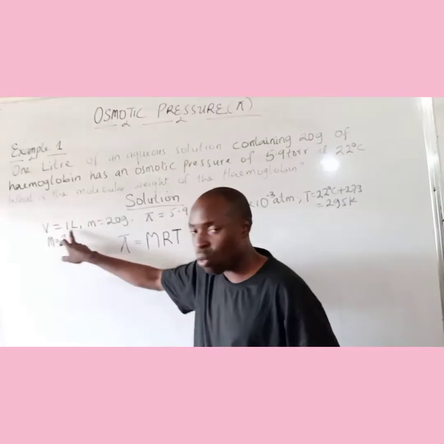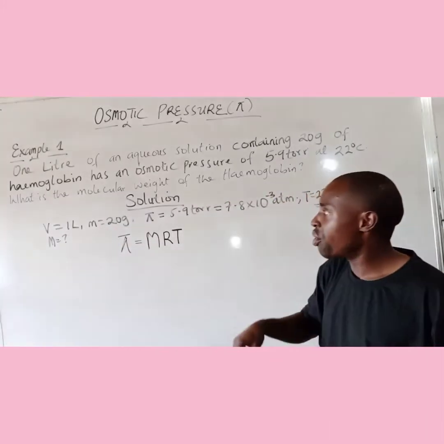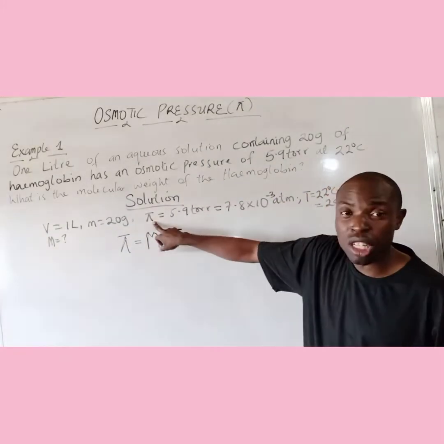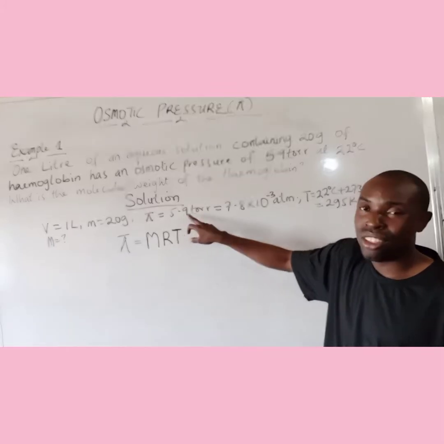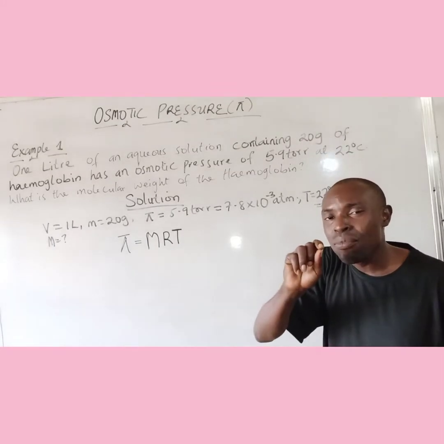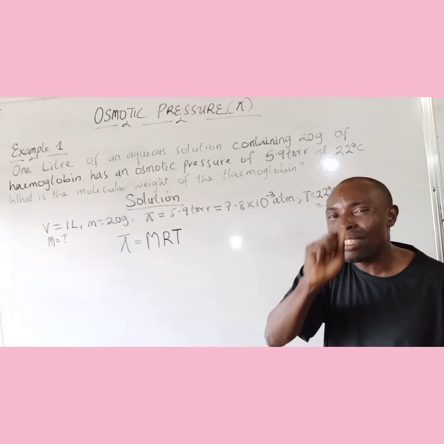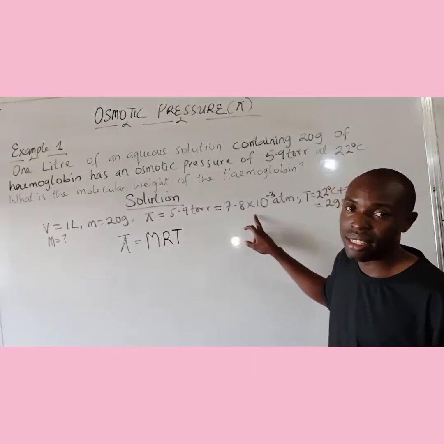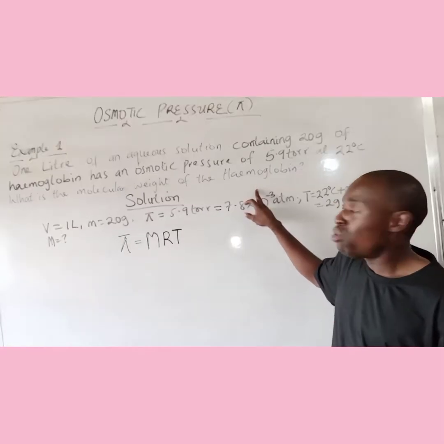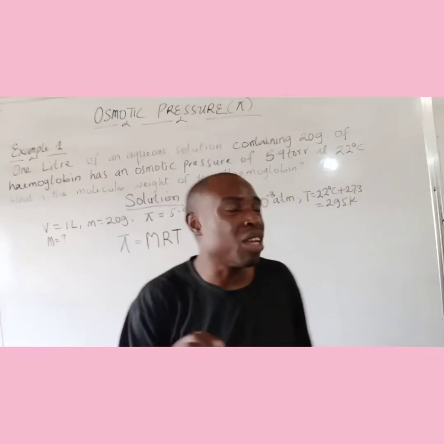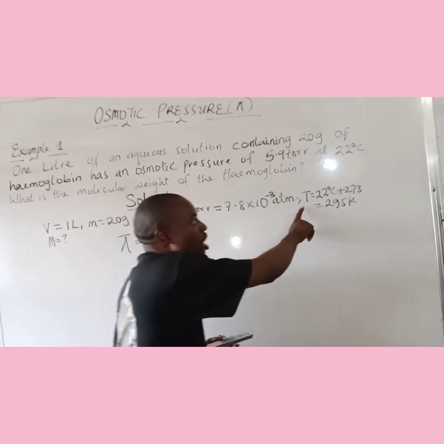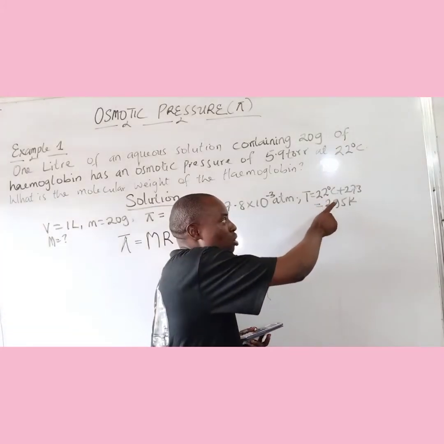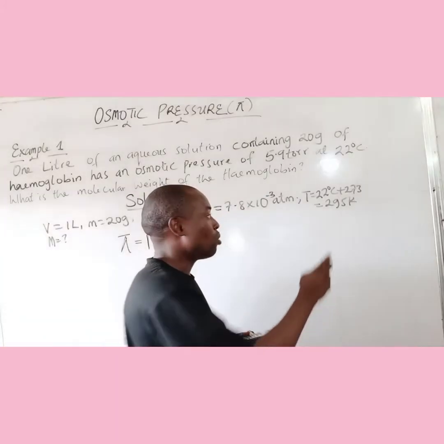The volume is 1 liter, the mass 20 grams, the osmotic pressure, which is 5.9 torr, will be converted to pressure in atmosphere, which is 7.8 times 10 raised to power minus 3 ATM. And the temperature, which is in degrees Celsius, would be in Kelvin, 295 Kelvin.